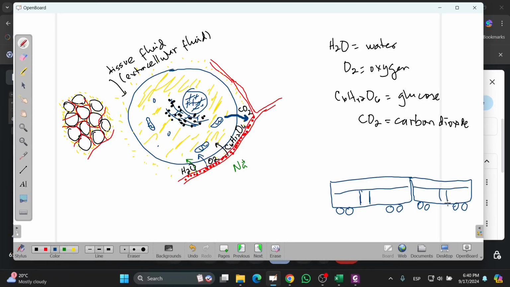When the bus or the train is full of people and they need to get out, well, that will be easy because outside there is more space. And then they will be moving from an area of greater concentration, where there are many people, into an area of lower concentration.